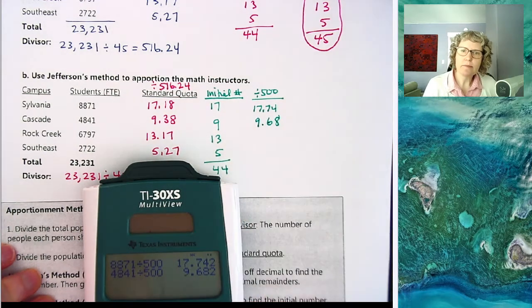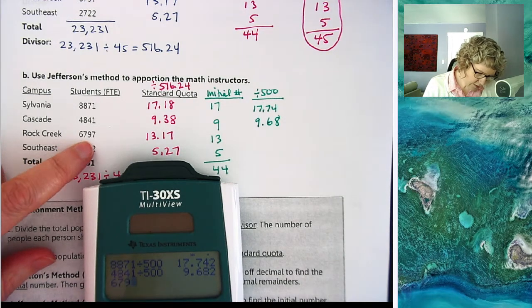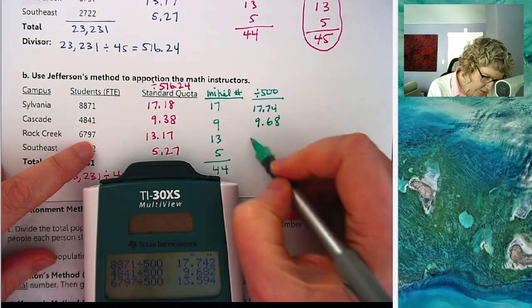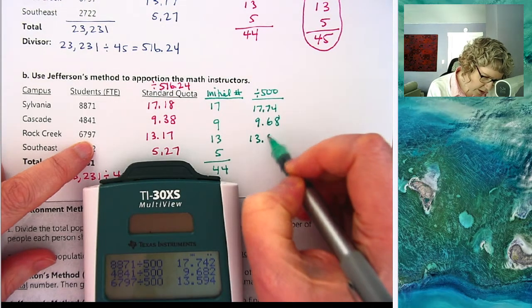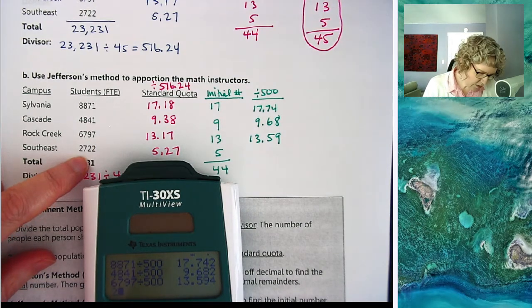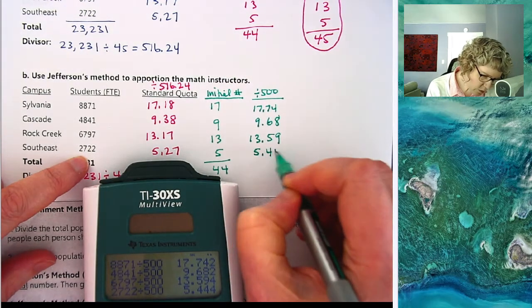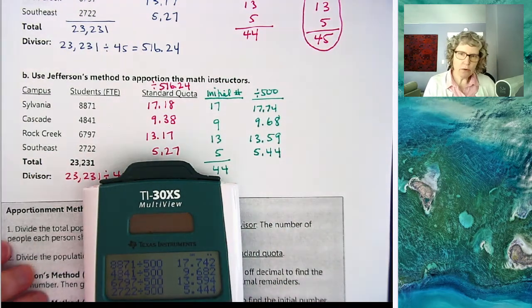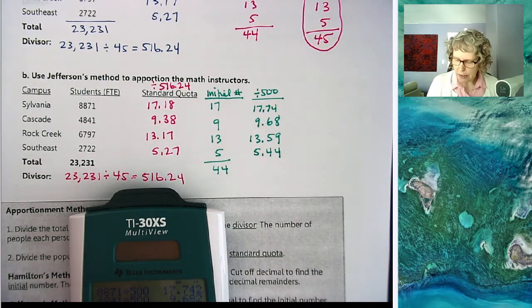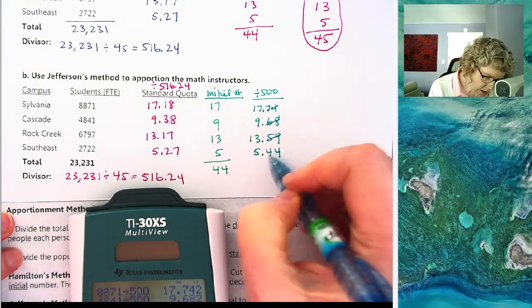Okay, 6797 divided by 500 is 13.59. 2722 divided by 500 is 5.44. Okay. Now remember, just like Hamilton's, we cut off the decimals, so you can just imagine cutting these off.